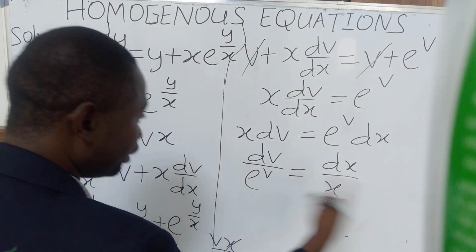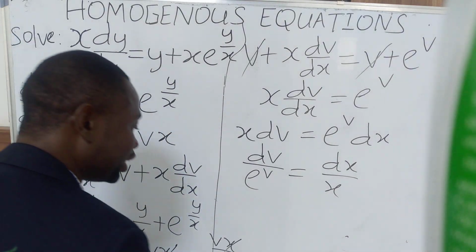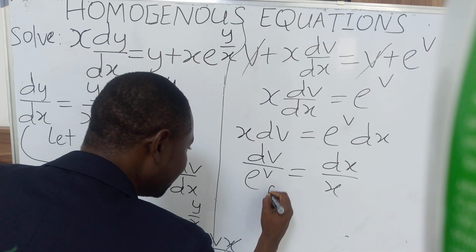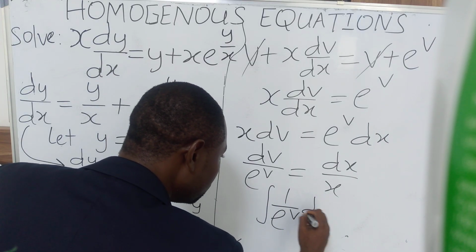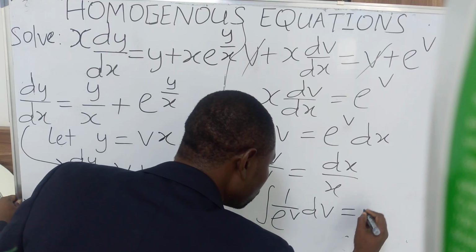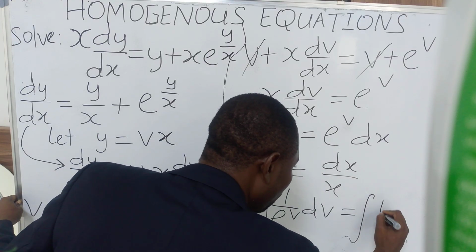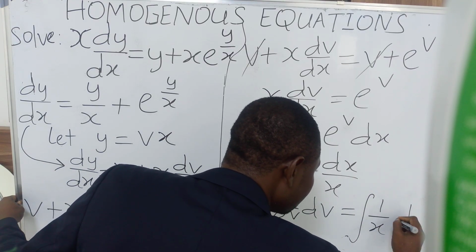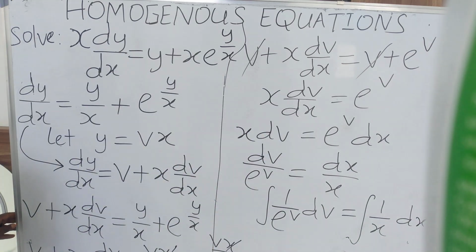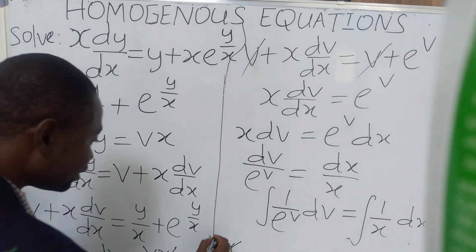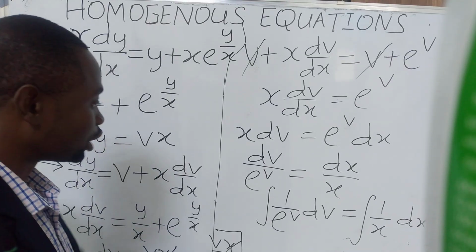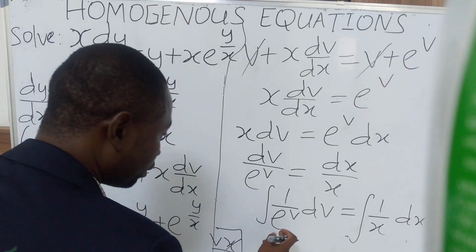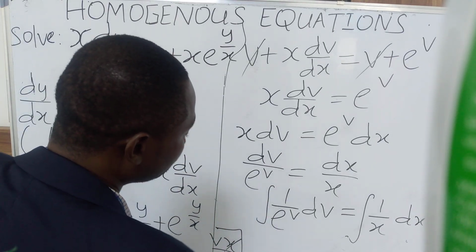So the next thing is to integrate both sides. So I'm going to have the integral of 1 over exponential v dv is equal to the integration of 1 over x dx. 1 over exponential v is exponential to the power minus v.